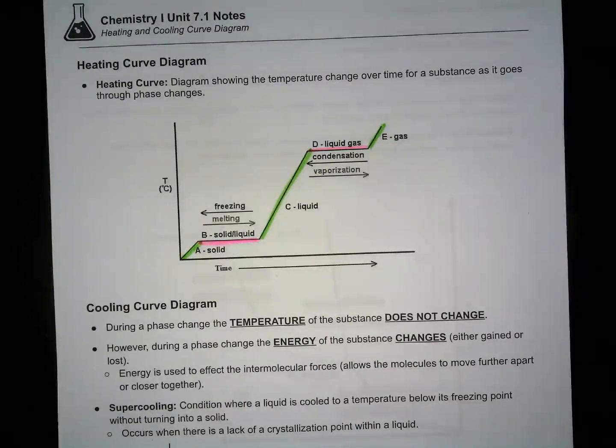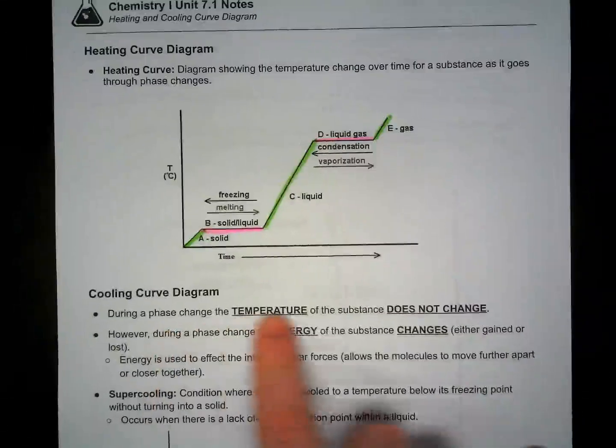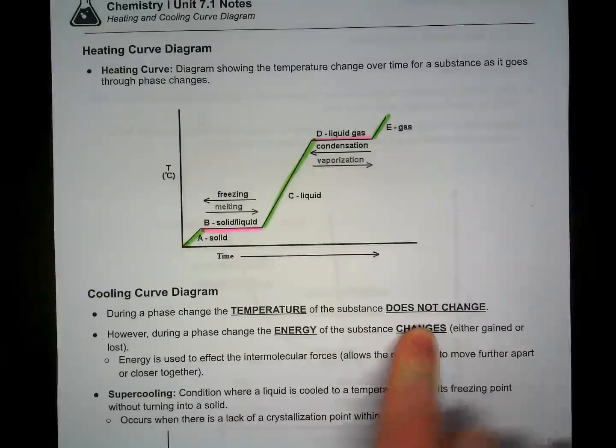And it's important to recognize this because it tells us how the energy is going in and out of these systems. It gives us a hint of what's happening. And if it's not obvious, maybe we'll talk about it. So during a phase change, the temperature of the substance does not change, and we see that.